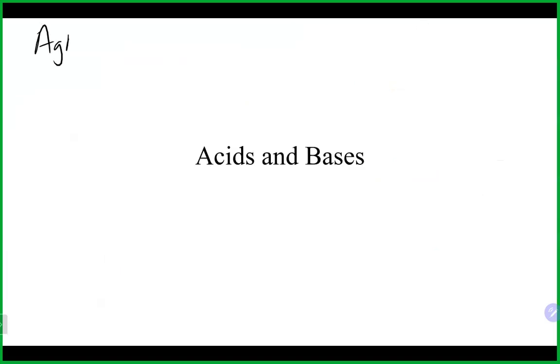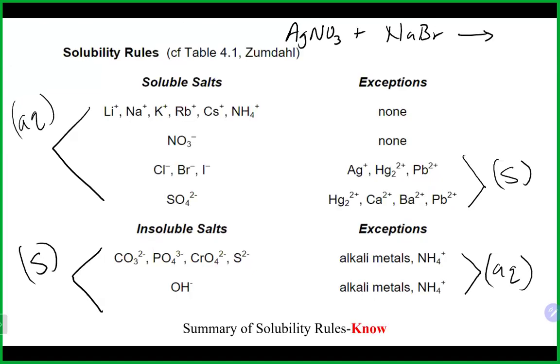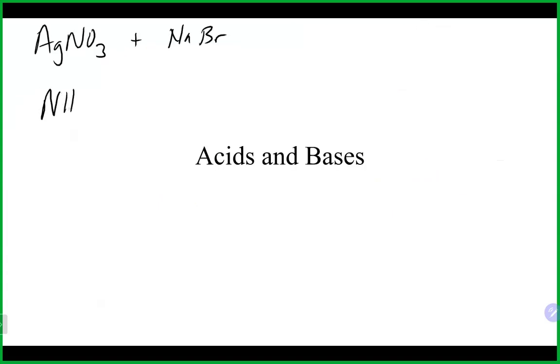So silver nitrate and sodium bromide, and let's do ammonium sulfide and iron 3 chloride here. For each of these, write the molecular equation.